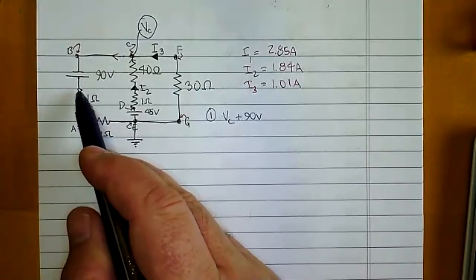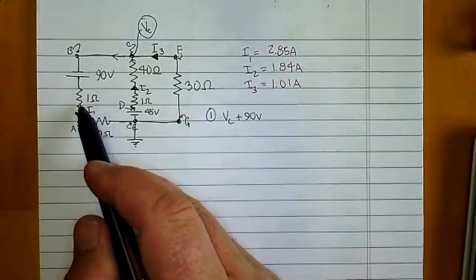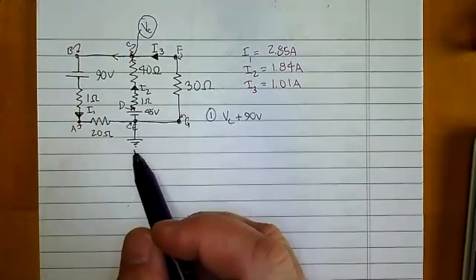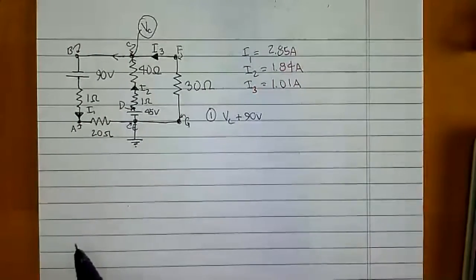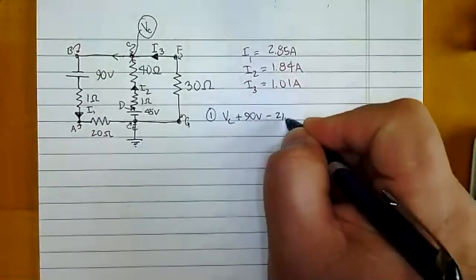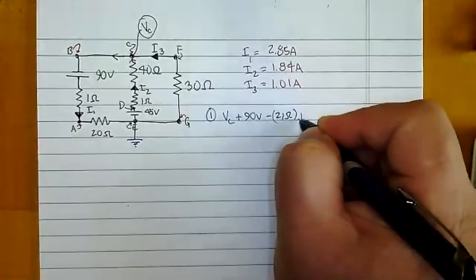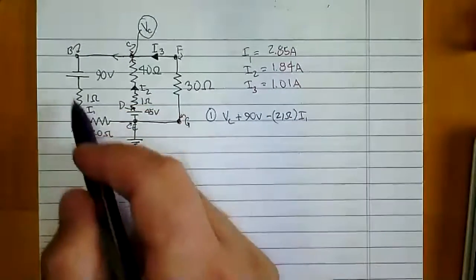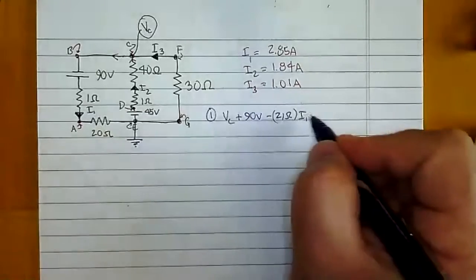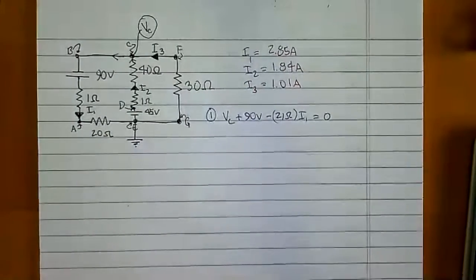The resistor is going to cause a voltage decrease of 1 ohm times I1 plus 20 ohms times I1. So I'm just going to write this as minus 21 ohms times I1. Now I should have a voltage equal to 0 because I'm now at the ground. So I just set that equal to 0.